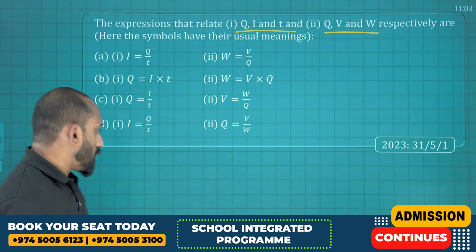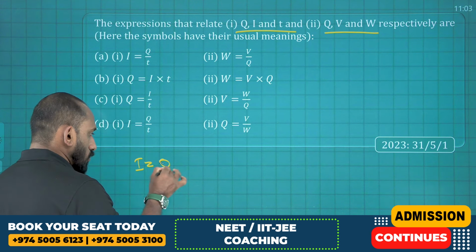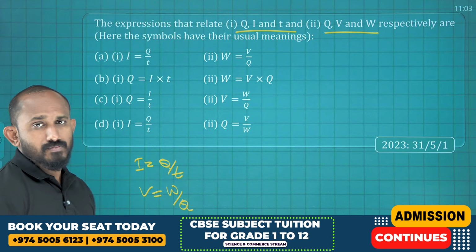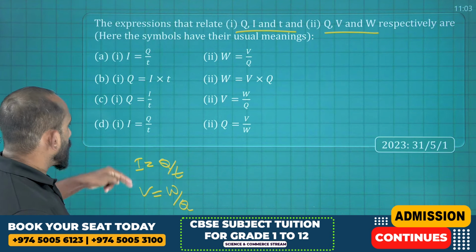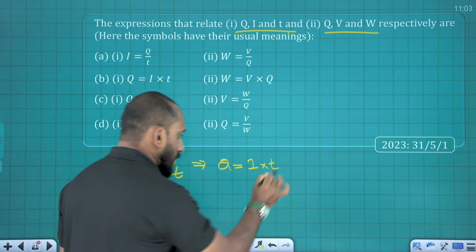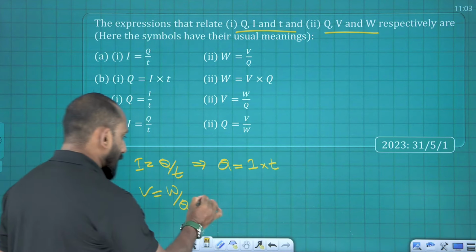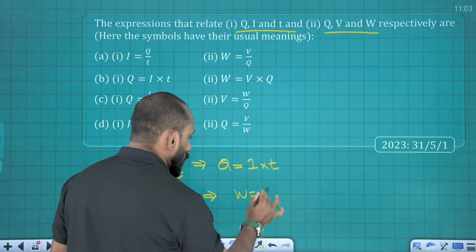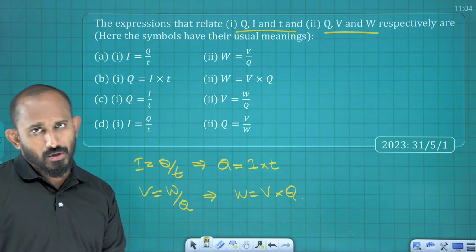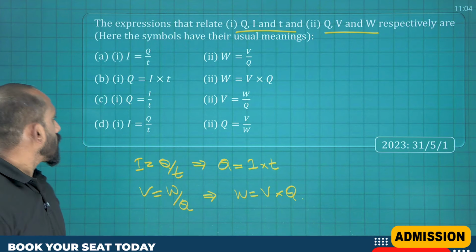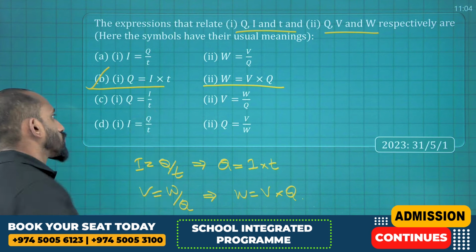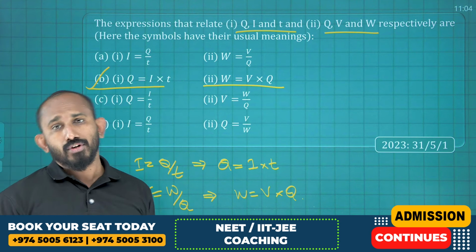Concept: we have I is equal to Q by T and V is equal to W by Q. From here we can have Q is equal to I into T, and W is equal to V into Q. Check the equations. Option B is the correct one. Q is equal to I into T, W is equal to V into Q.